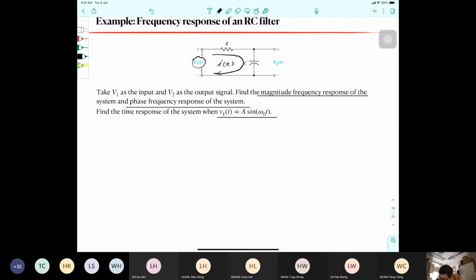So what is the transfer function? T(s) equals V2 over V1, right? Equals 1 over RCs, right?